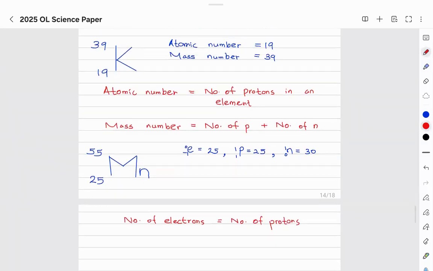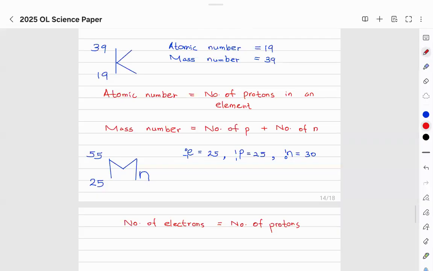Right? In this way. Clear? So what is the atomic number here? Atomic number is 25. And what is the mass number? Mass number is 55.